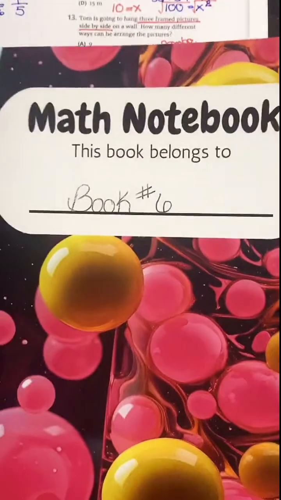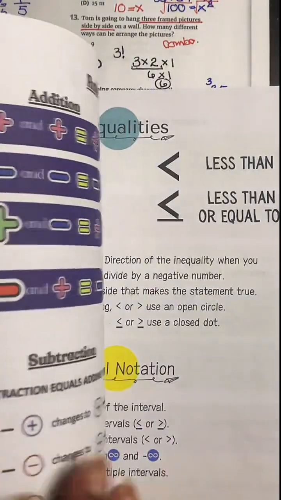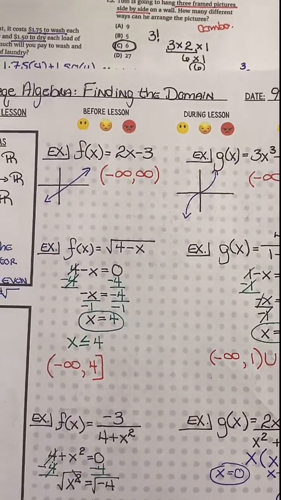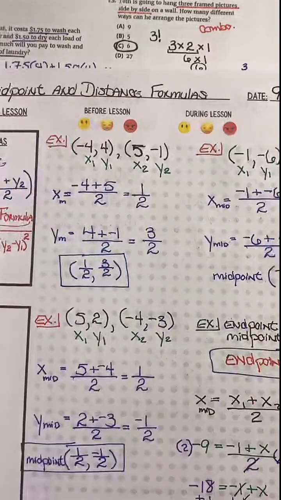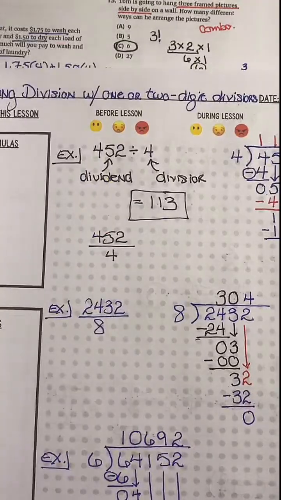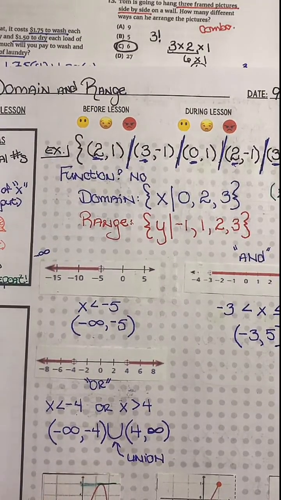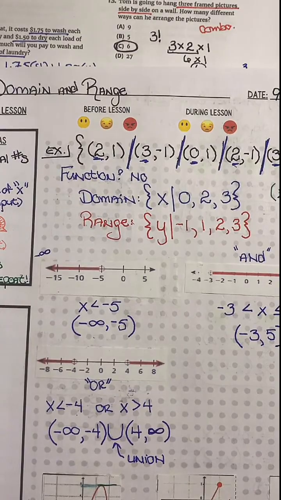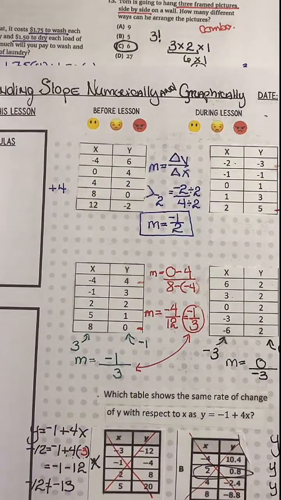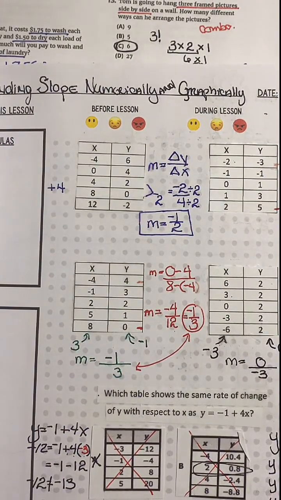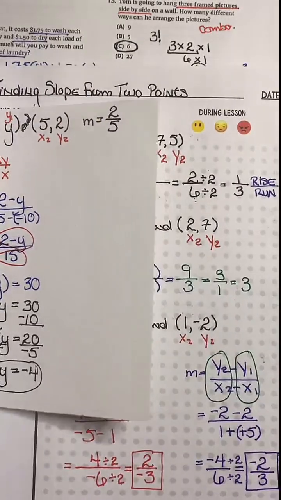I also have math notebooks. If you're interested, in the very back, it has a whole bunch of resources, but it also gives you room to write your notes and organize them. If you ever ask your child, let me see your notes, and they open up that black hole called a book bag, where everything disappears, even that orange you gave that child 2 years ago miraculously comes back, a little mummified, but it's there.